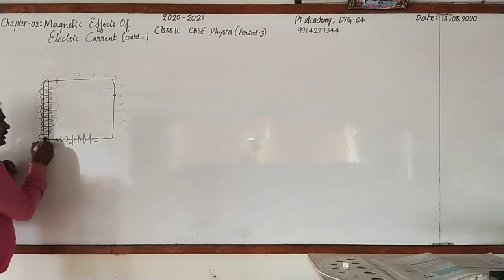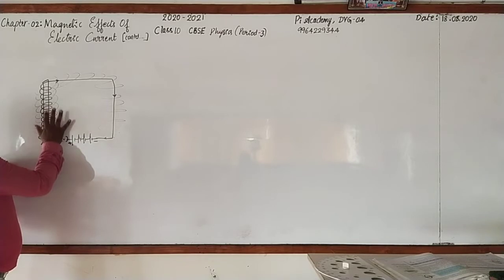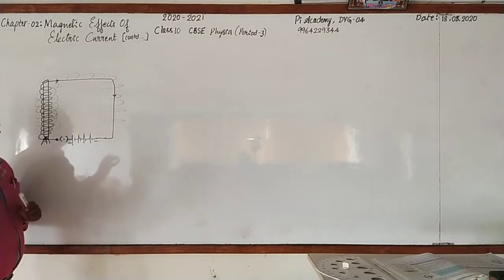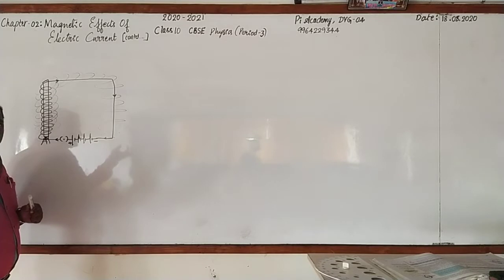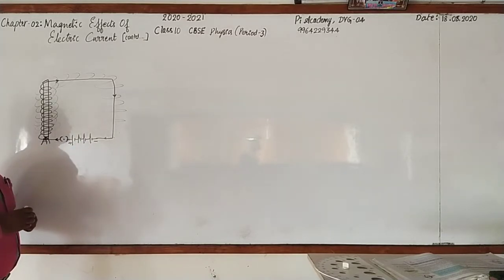Look here, now it is attracting the iron pieces. Clear? Look here, this is a magnet. The magnet so obtained is called an electromagnet. See that in that name only the meaning is there. Magnetic property is obtained by using electricity, nothing but electric current.